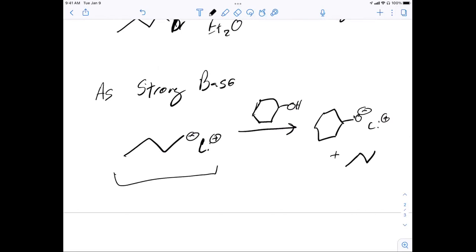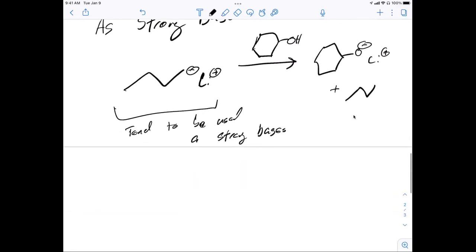These tend to be strong bases. We could have butyl lithium with ammonia.